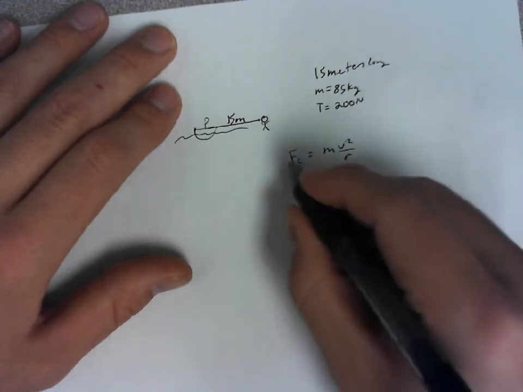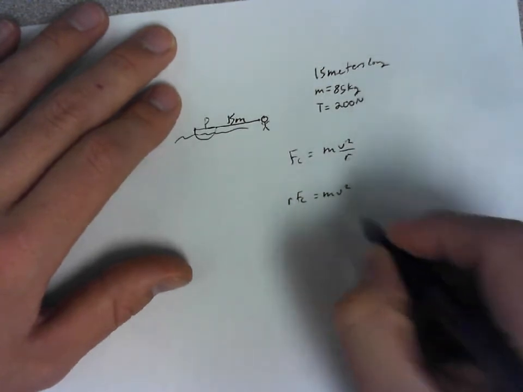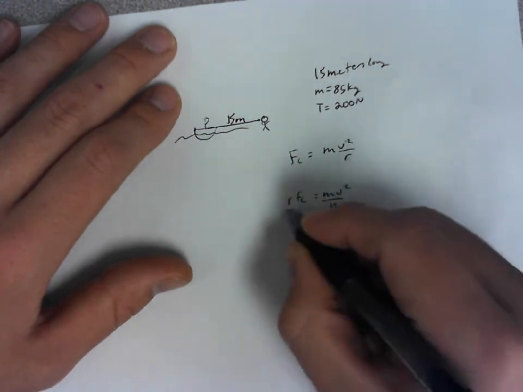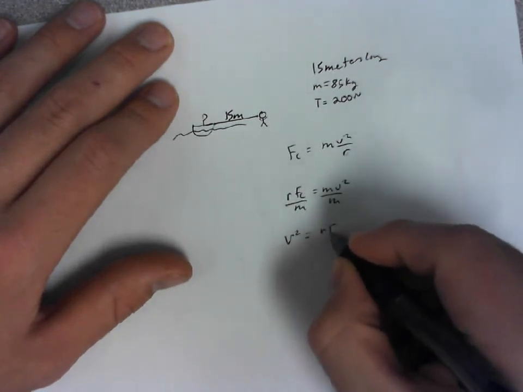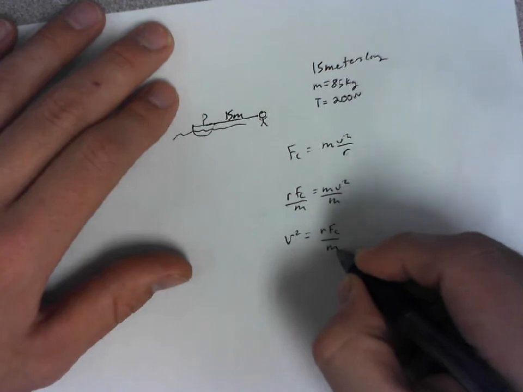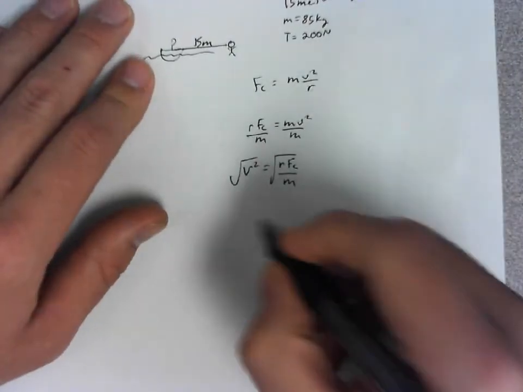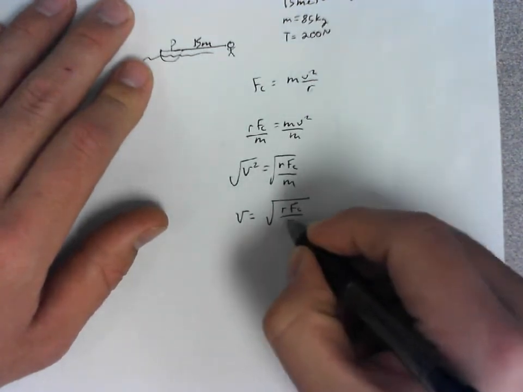I'm going to take the r to the other side, and divide by m. So I'm going to get v squared is equal to r times Fc over m. And then I'm going to take the square root of both sides. So v is equal to the square root of r Fc over m.